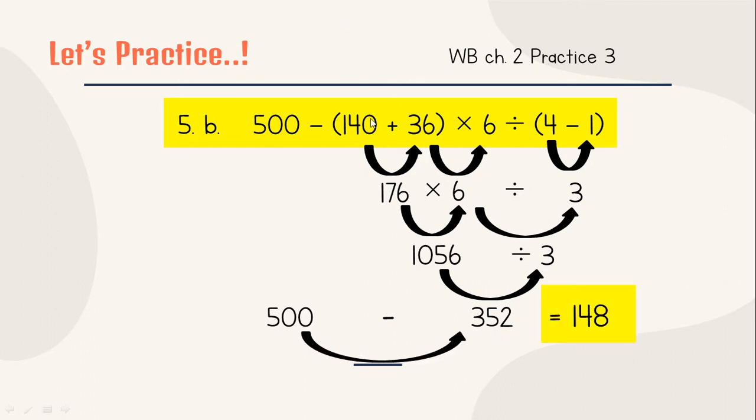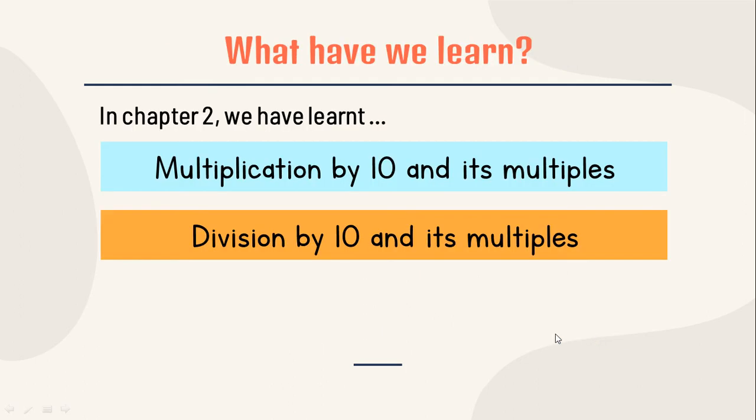Now, from this example, you know that even though the first one is subtraction, it will be the last. We're going to solve the within the bracket at first, and then the next step is multiplication and division, and the last step will be addition and subtraction. So the answer for 5B is 148.